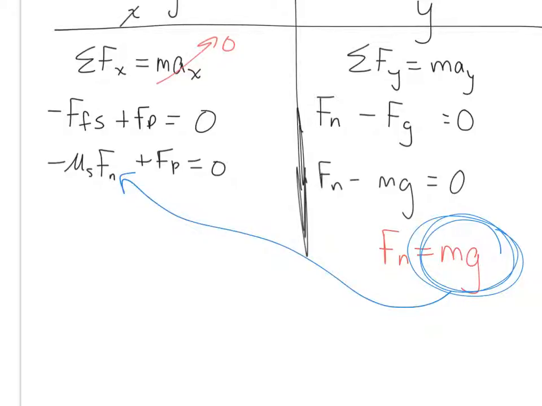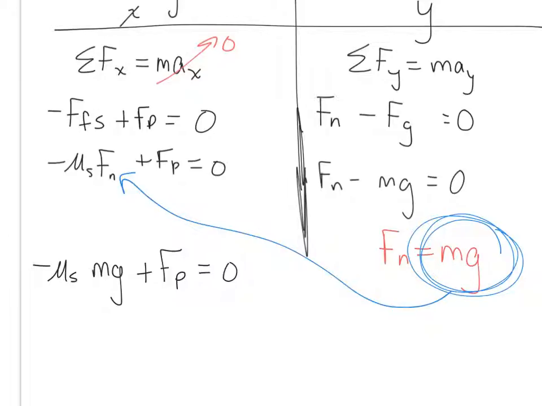Could you solve for it? You can. Now what we'll notice is m is given, g is given, Fp is given. The only unknown now in this equation is mu. That's the only thing we're missing right now.